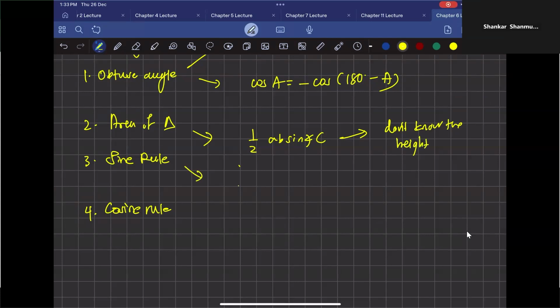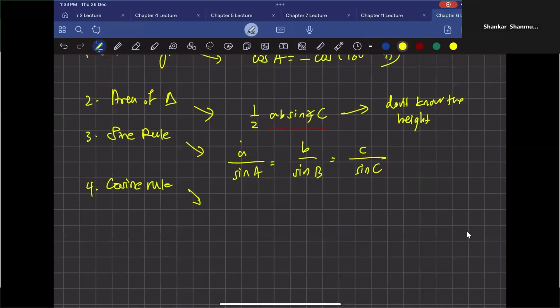Sine rule is simple. It's just side a over angle A equals side b over angle B equals side c over angle C. And then the cosine rule is very similar.